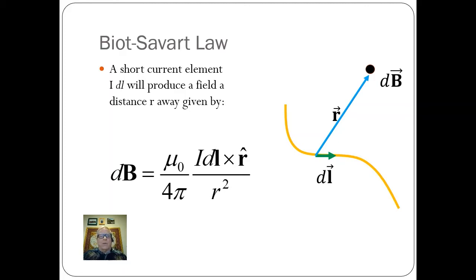According to the current version of the Biot-Savart law, the little piece of the magnetic field, dB, is equal to mu naught over 4 pi times I dl cross r hat over r squared. Once again, it has the inverse r squared dependence, and it has the cross product in the numerator just to give you the direction of your little contribution to the magnetic field.